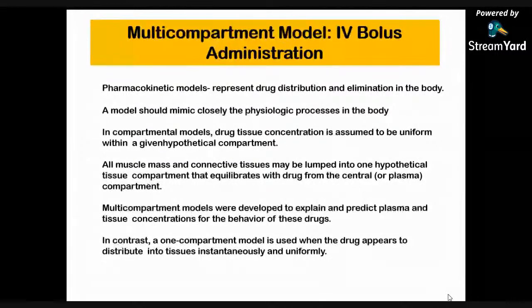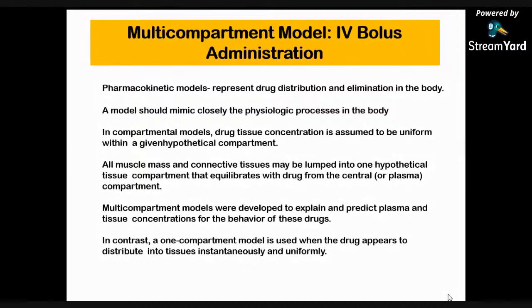However, instant distribution is not truly possible for a larger number of drugs, and drug disposition is not mono exponential but bi or multi exponential.